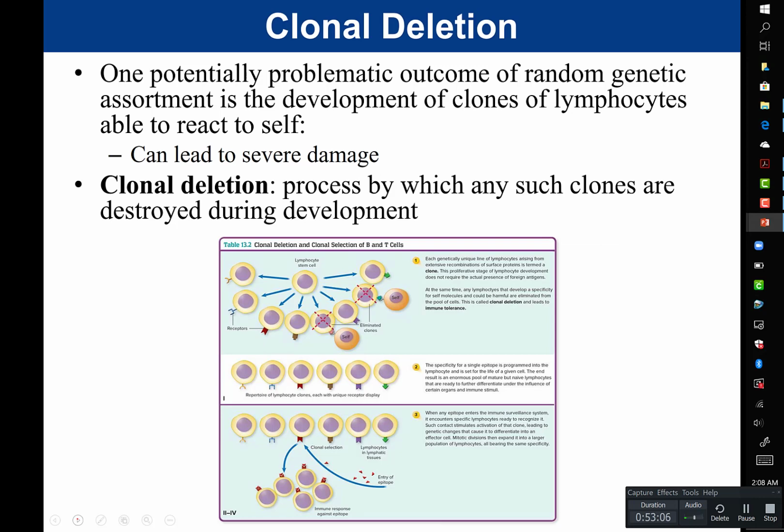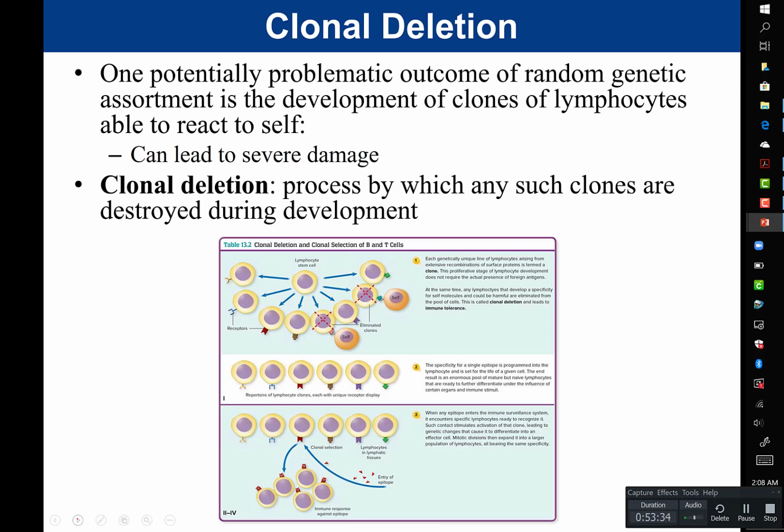This is the process by which any such clones are destroyed during development. That leads to what's called immune tolerance, so that the immune system doesn't react with self molecules. Those particular lymphocytes are selected against and destroyed. That's a very important process.